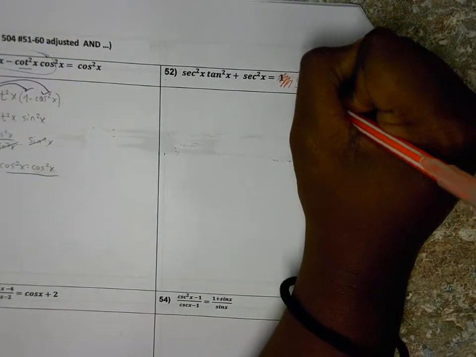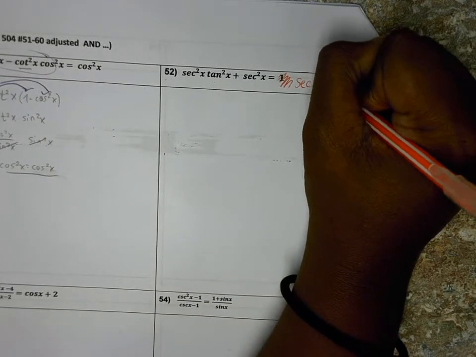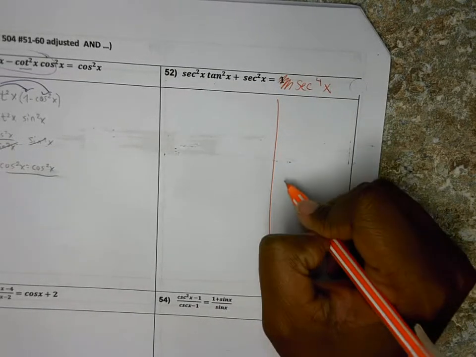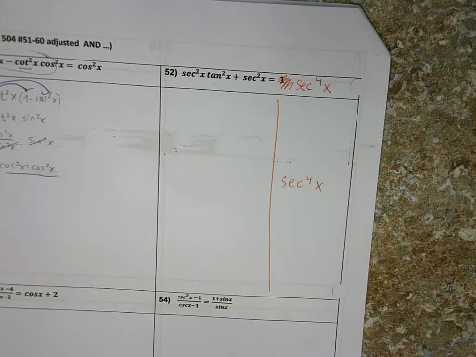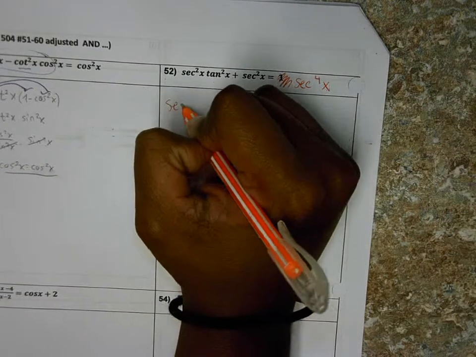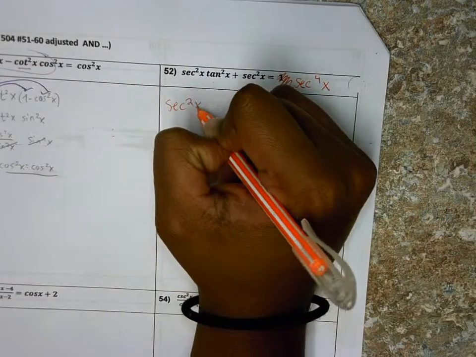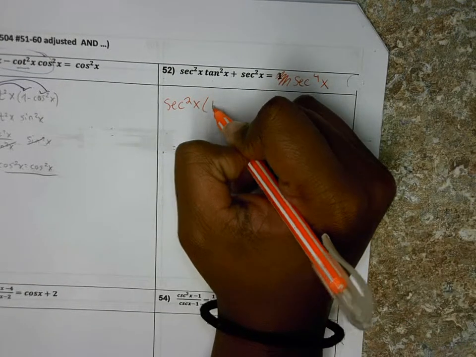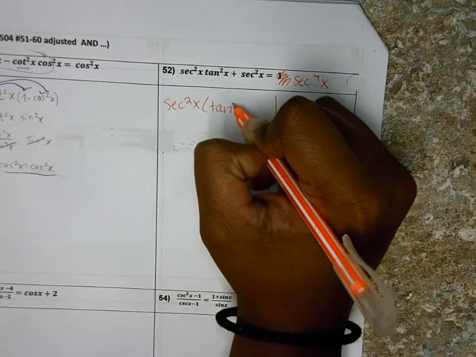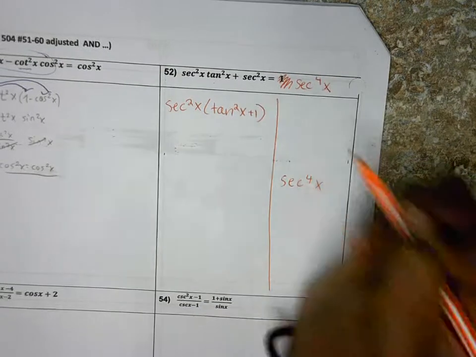So first of all, that's not the right answer. It's a typo, so change that before you start, because then you will suffer. Okay. You take out again the greatest common factor, which is secant squared x, and then those things can be identities.